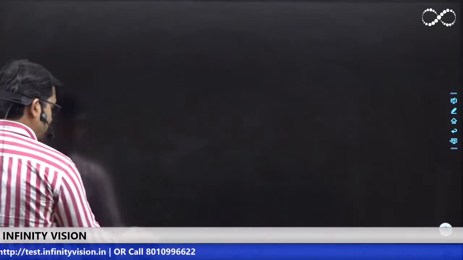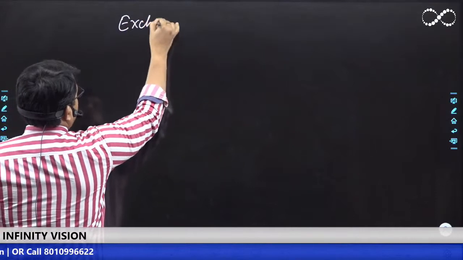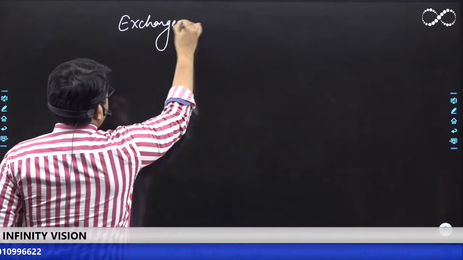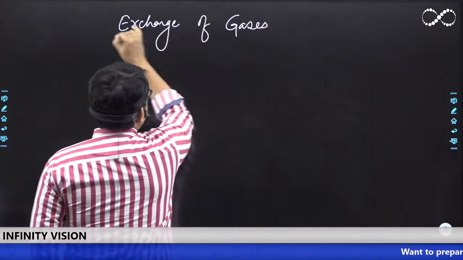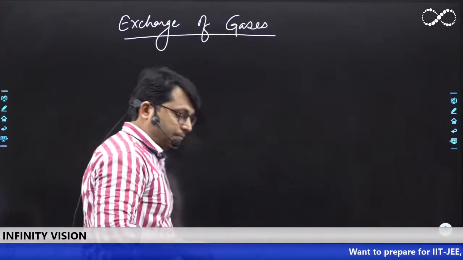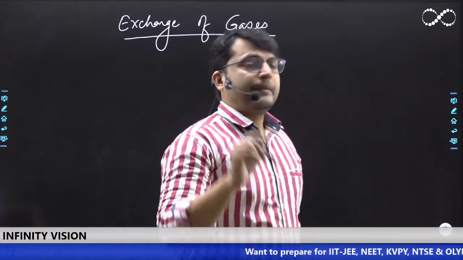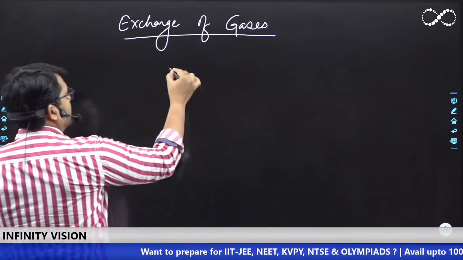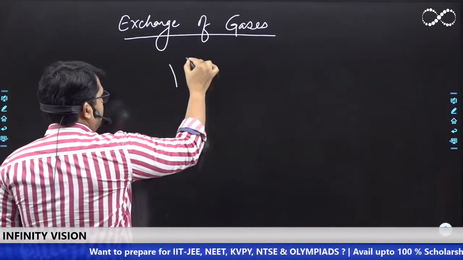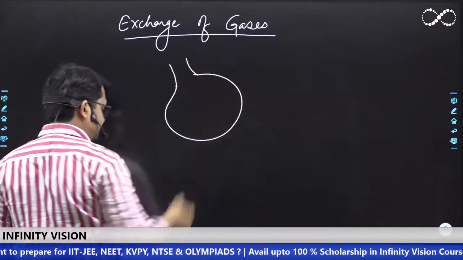Okay, so what we are going to do is firstly exchange of gases. Okay, exchange of gases. Okay, great. So exchange of gases, देखो, once the air reaches into alveoli, so this is one alveoli I have drawn here, okay?